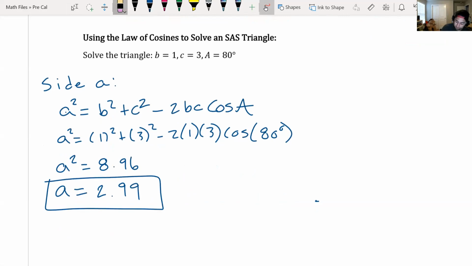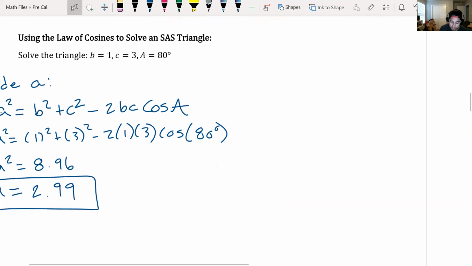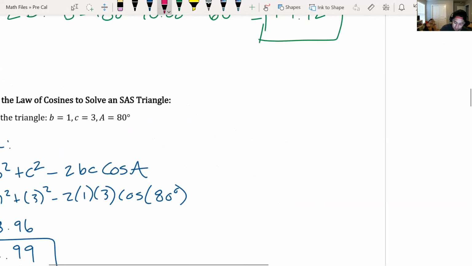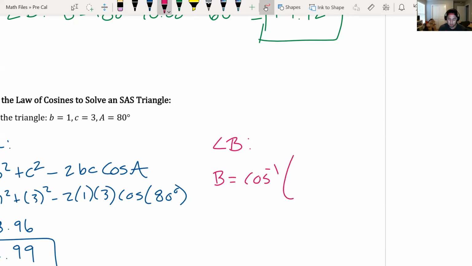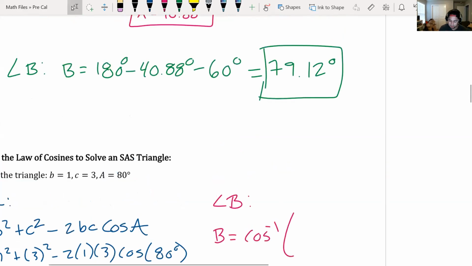Okay. So we have all three sides. We have angle A, which means all we have to do is find angle B and C. So let's find angle B. B is given by the inverse cosine of, and what is it?